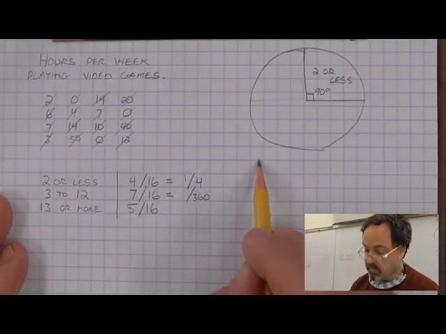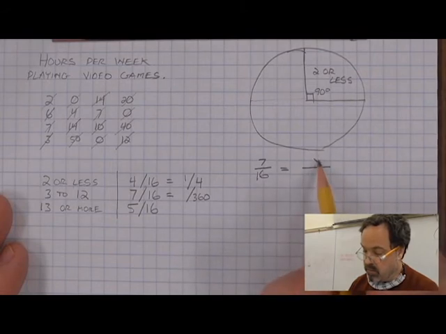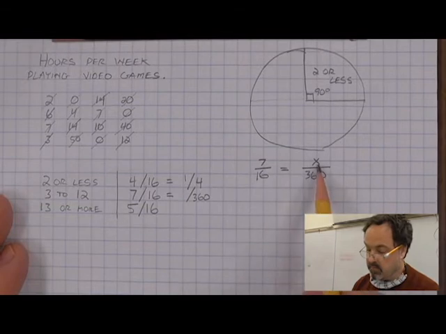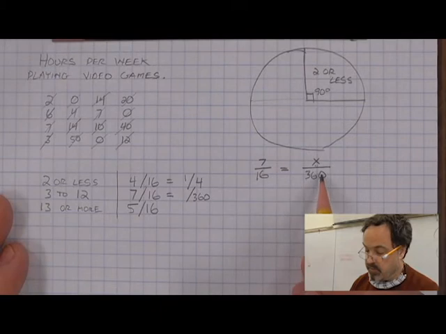And as a side problem, it means that I'm going to convert 7/16 into an unknown number of degrees, and that unknown will be the variable x. And I have to solve for x to know the size of that piece of the pie. I'm going to solve for x by using the strategy of multiplying both sides by 360 to get it by itself.